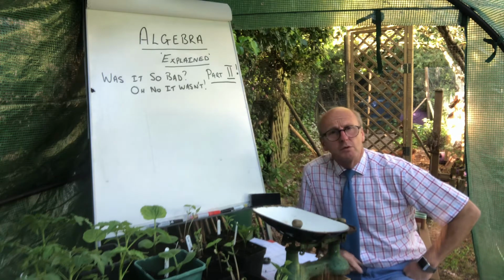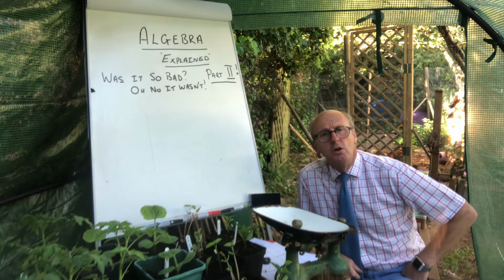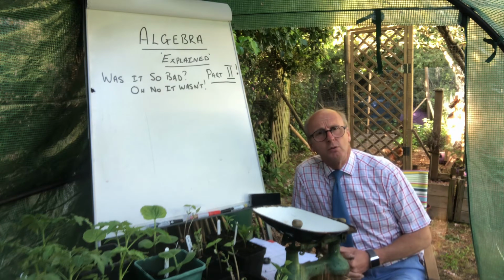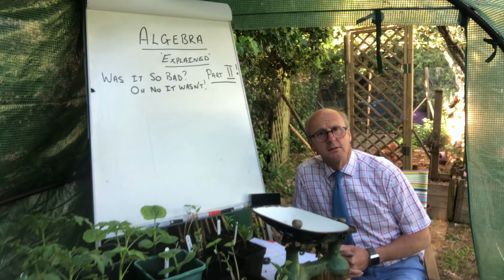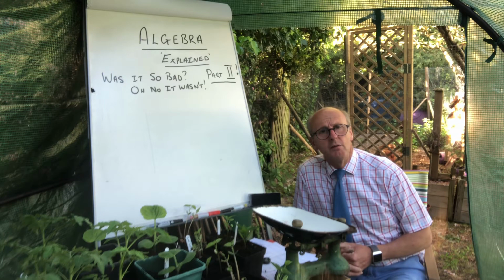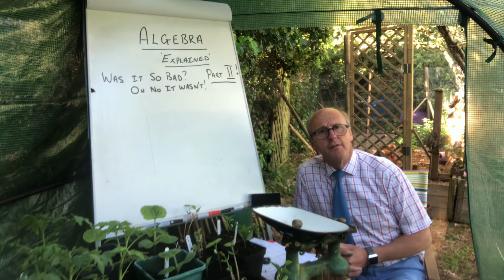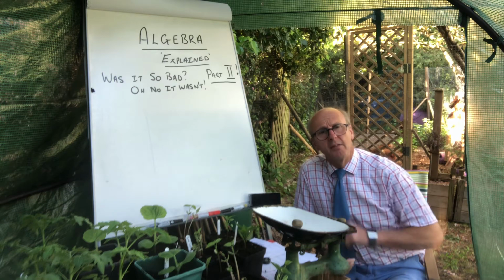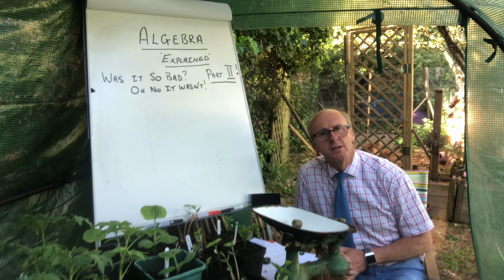Volume. We talked about that 2 weeks ago. We have volume equals length times width times height. We need all of those variables to be able to find volume. But if one of them is missing, we have to make that variable the subject.